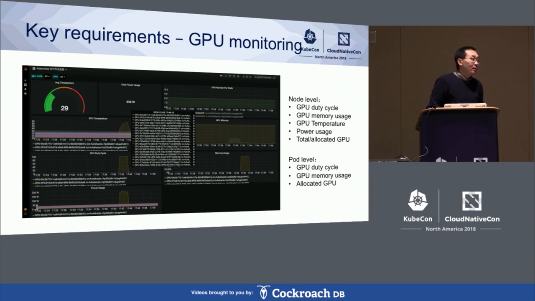Sometimes it's not that stable, right? The temperature is a very important metric to give you hints that your GPU card may be in a dangerous situation. Sometimes the fan doesn't work and it's not in a healthy status. We can also monitor the fan's health status as well.